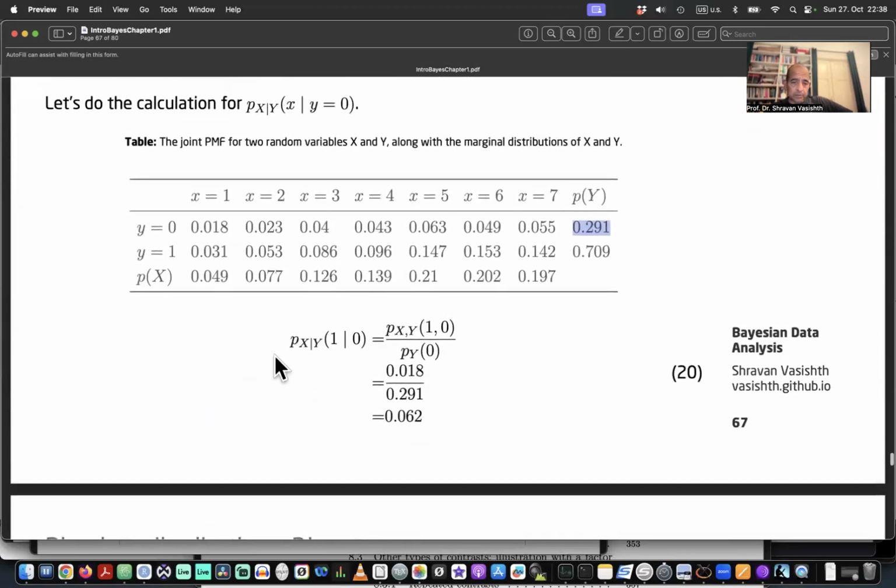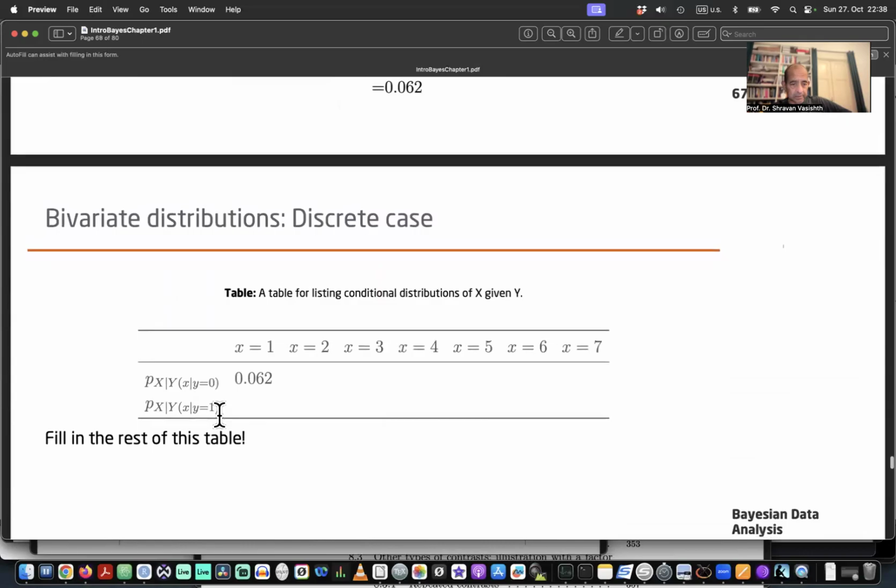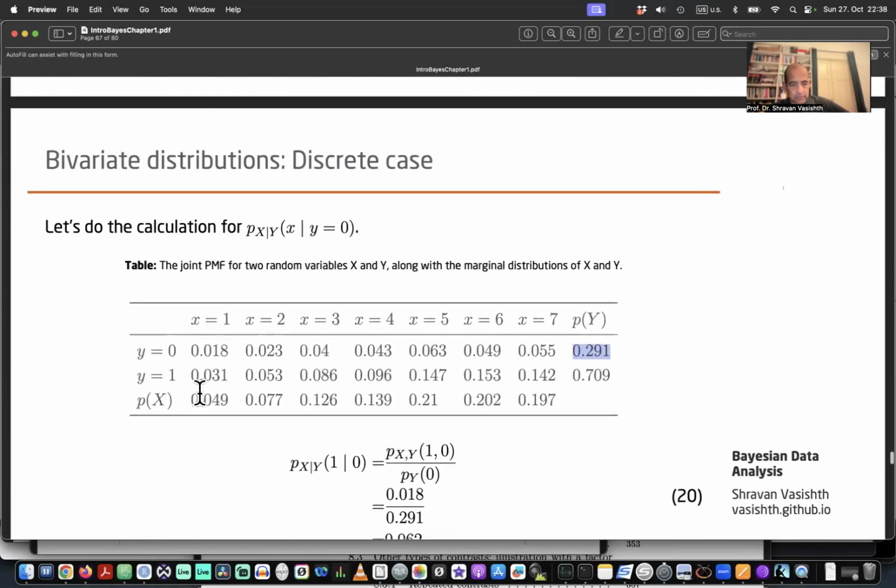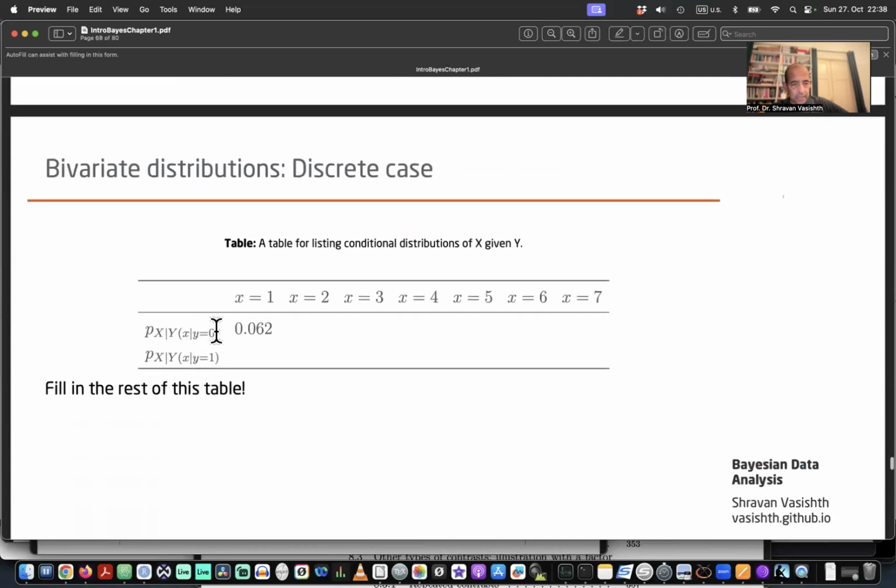And now I'm going to just keep doing this for different values of x, and that's going to give me a set of probabilities. Yeah, look here. So for y equal to 0, I filled in this number for you, but now you would have to do the same calculation for 6 other values, right? That would fill in these numbers here.